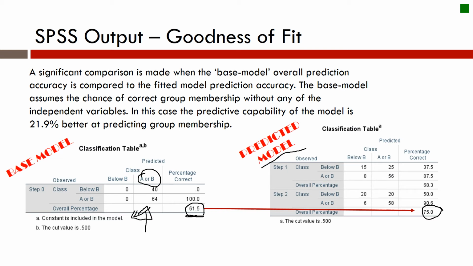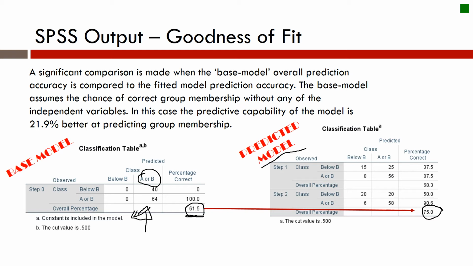In other words, 75% of the cases were properly placed into either group 1 or group 2, and that is a clear improvement over the baseline model, and that's why the Hosmer and Lemeshow test was significant at such a high level.